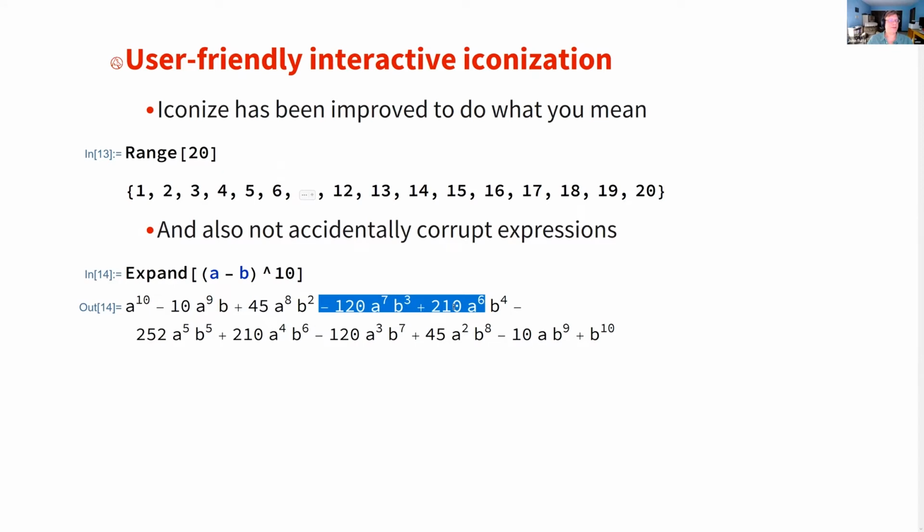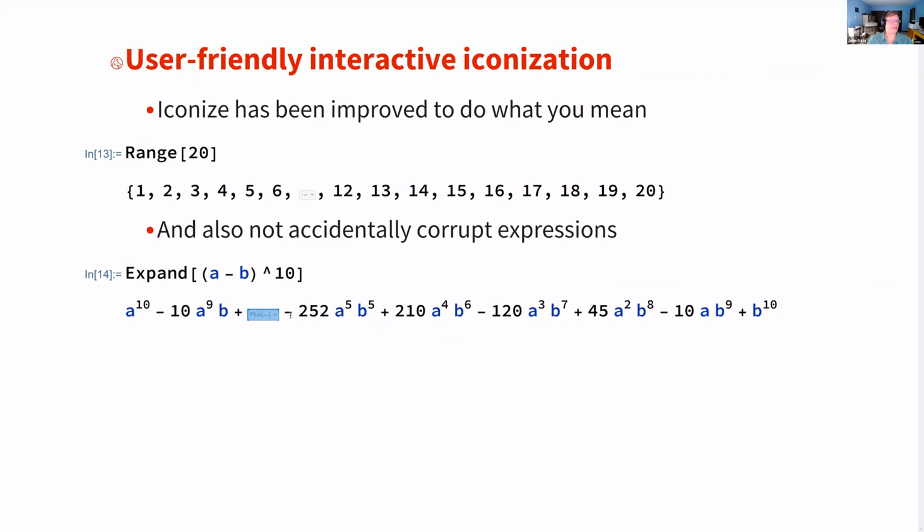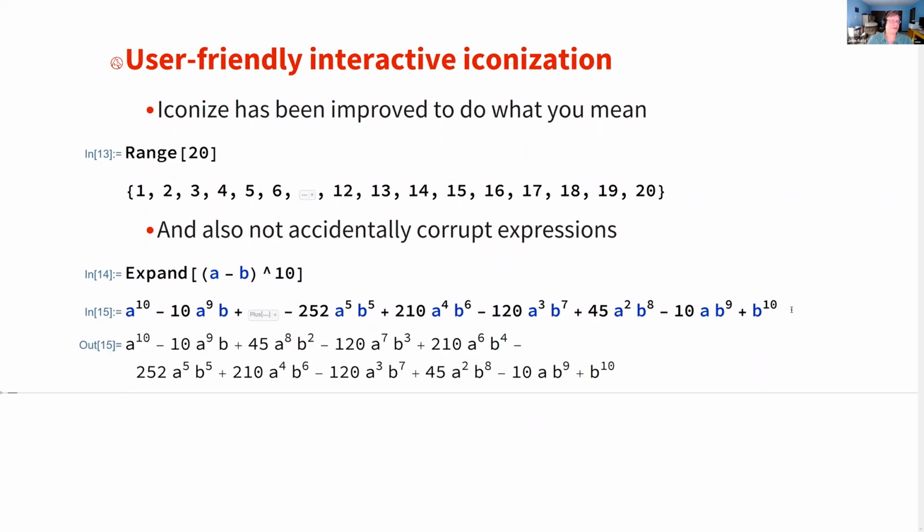If it does fail, it will still beep, if it's just completely ambiguous how to put together a good selection. But let me go ahead and iconize. Okay, and so in this case, it took the term in front of it so that it wouldn't be confused about the minus sign. And then it finished the A to the 6, B to the 4th term. And indeed, of course, this evaluates correctly, exactly what we expect.